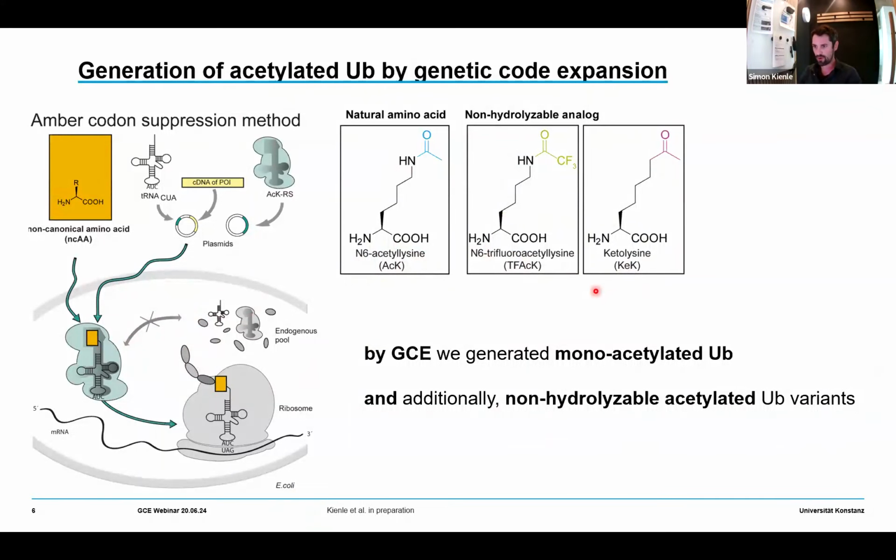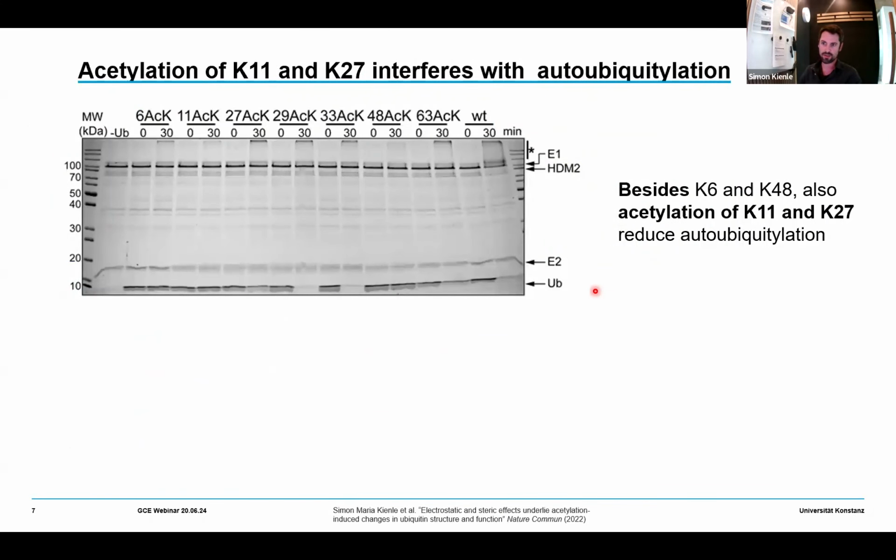We then performed a biochemical analysis, meaning that we investigated the auto-ubiquitination activity of certain E3 ligases with the respective ubiquitin variants, which are depicted here. And what we found is that besides K6 and K48, the auto-ubiquitination of the E3 enzyme was repressed when we used ubiquitin acetylated at lysine 11 and 27.